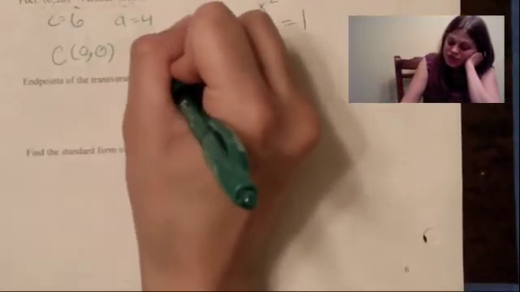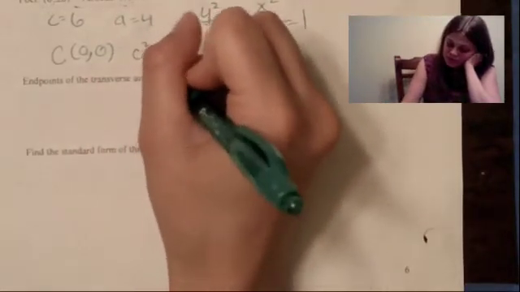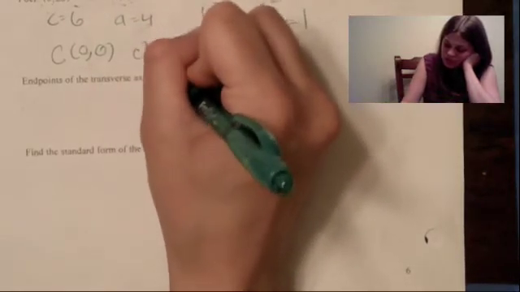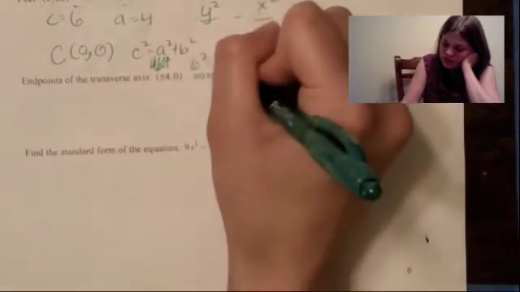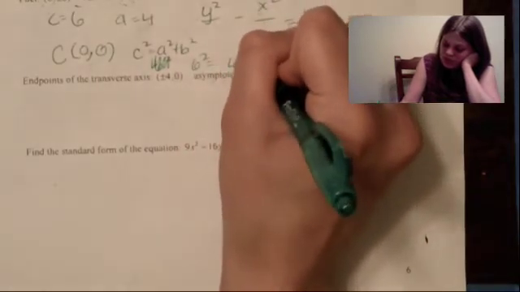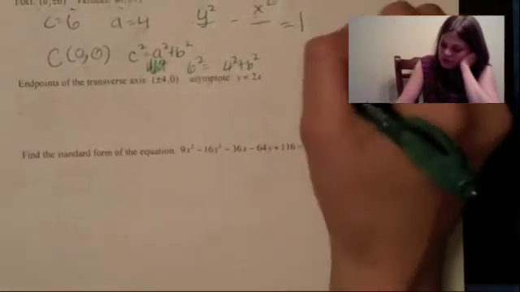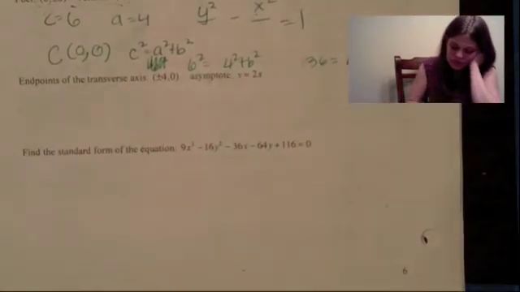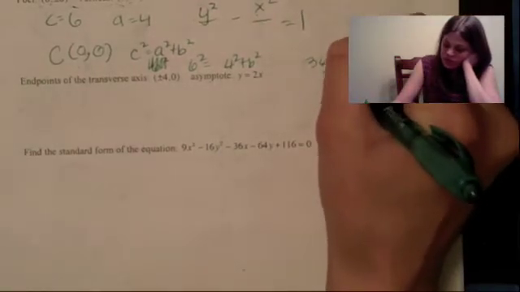If I want to find my b squared value, remember that c squared is a squared plus b squared. So I have 6 squared equals 4 squared plus b squared. So I have 36 equals 16 plus b squared. If I do 36 minus 16, we get 20, which equals b squared.